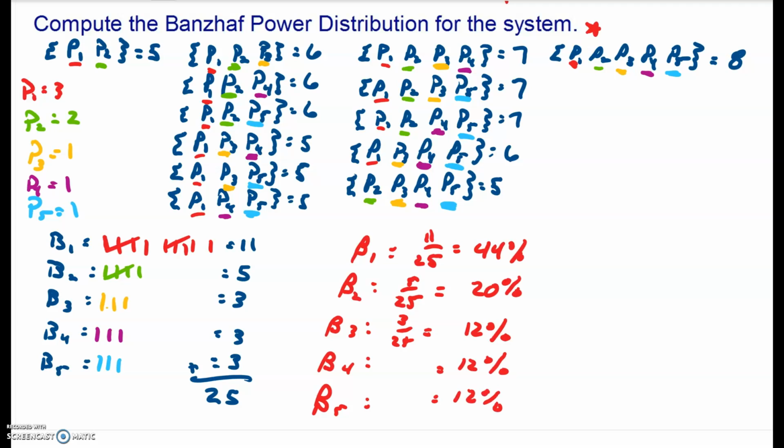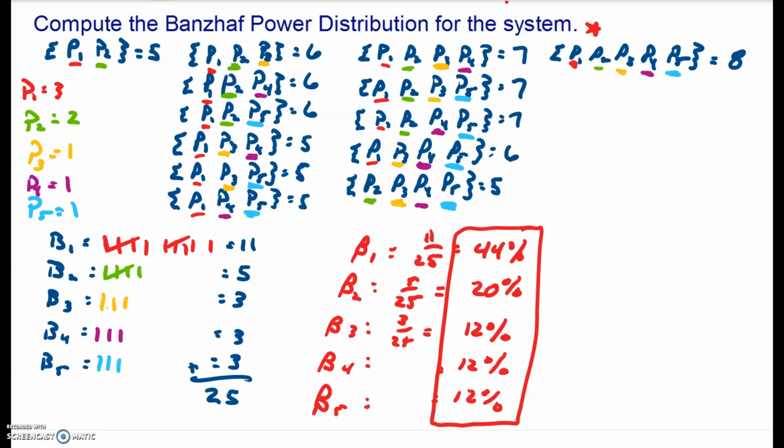So each one of these numbers individually is a Banzaf index, but collectively, here is the Banzaf power distribution for this weighted voting system. Okay, so it's not a difficult mathematical concept.